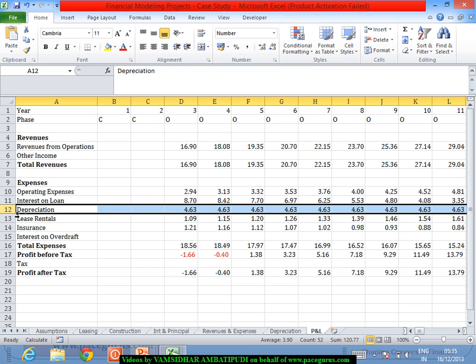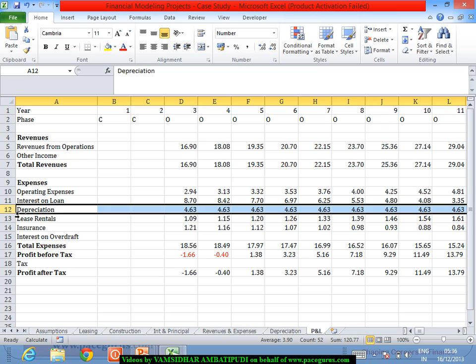So we will look at the difference between these two depreciations and how we take these elements into consideration for the computation of tax. Once those separate schedules for tax are prepared, we will link them with this P&L statement. And finally, this helps us in assessing the profitability of the project.